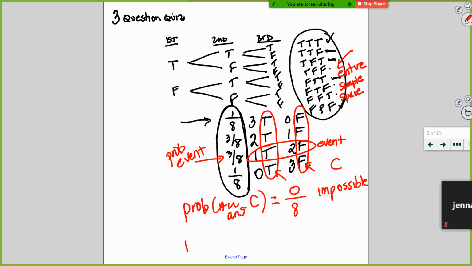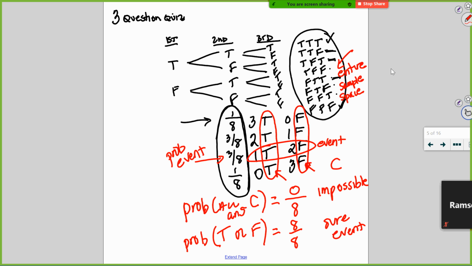Same question, same idea. What's the probability that the answers will either be a T or an F? Aren't all your answers either a T or an F in those situations, right? So that would be an 8 out of 8. That's called a sure event.